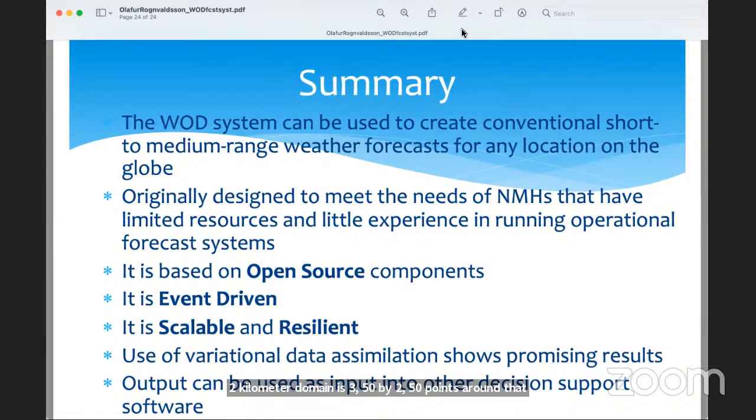The 4D VAR, as we are only doing it on the 8 kilometer grids, which is still 150 by 150 points, takes maybe 15 minutes. So there's a reason we did this kind of trade-off.